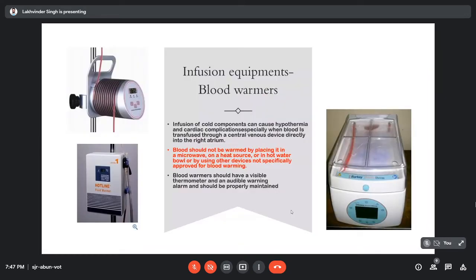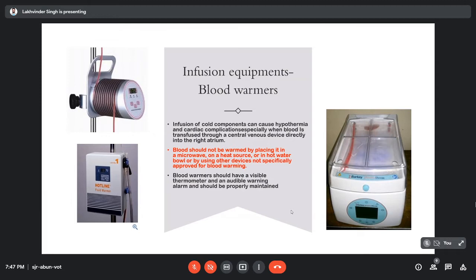Next are the infusion equipments. We have the blood warmers. In general, blood warmers are not required because when you start the transfusion, for the initial 15 minutes you give it very slow, maybe 5 to 6 drops per minute. And if your blood bag is hanging at the bedside for 15 to 20 minutes with an ambient room temperature of 25 degrees Celsius, within 15 minutes it comes to room temperature.